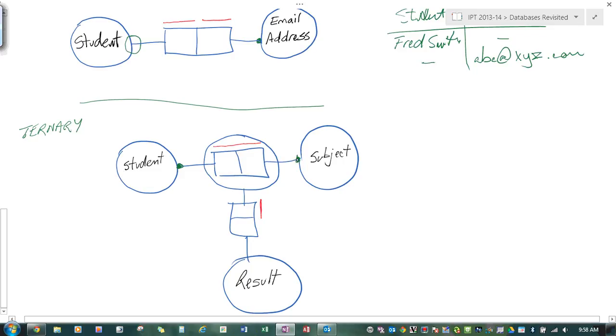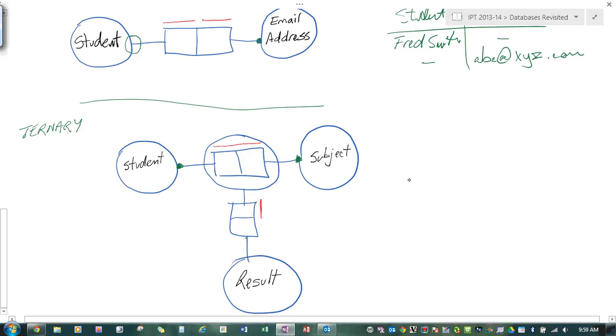Yeah. Okay. Does a student in a subject have to get a result? No, they don't. Why not? So if you do Year 8 computing, you don't get a result. If you're in QCS study, you don't get a result. If you're in careers, you don't get a result.